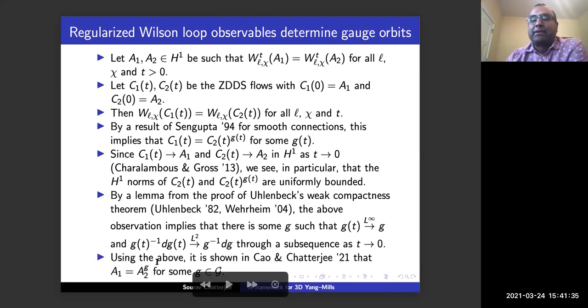Using the above, we showed that A1 must be A2 to the G for some G. So the main thing is that if you have two H1 connections whose regularized Wilson loop observables are all the same, then one connection must be a gauge transform of the other. Okay. Any questions about this?